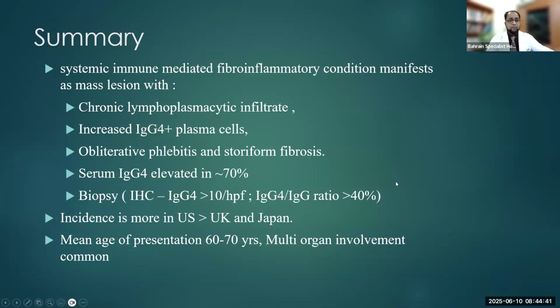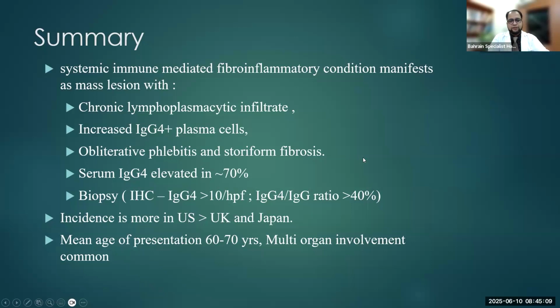IgG4 disease is a systemic immune-mediated fibroinflammatory condition manifesting as mass lesions with chronic lymphoplasmacytic infiltrate, increased IgG4 plasma cells, obliterative phlebitis and storiform fibrosis. Serum IgG4 levels are elevated in nearly 70% of cases, and biopsy will show IgG4 elevation on immunohistochemistry. Incidence is more in the USA compared to the UK and Japan.